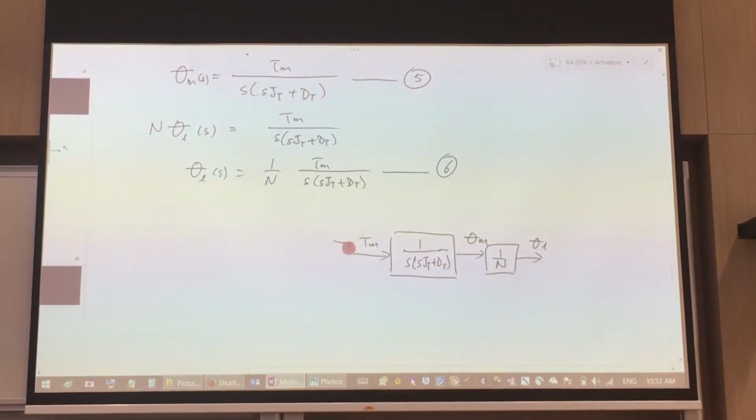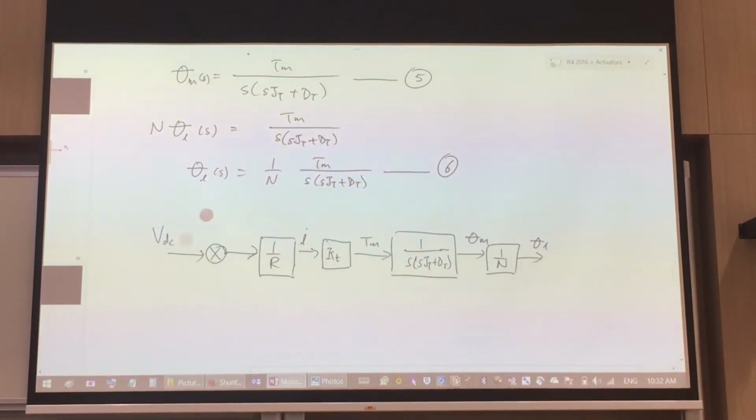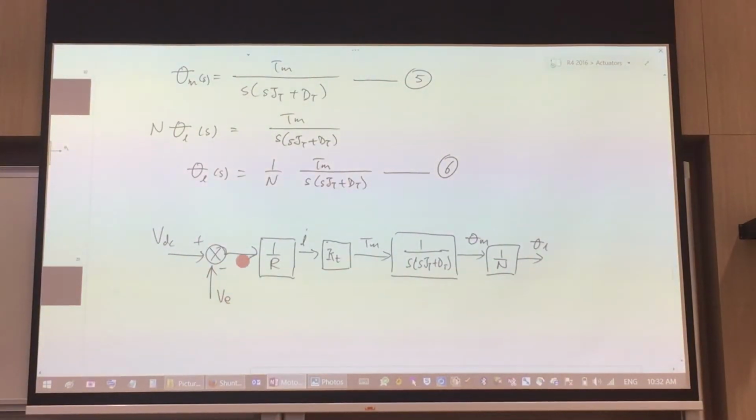Kt, the input for that is I, which is V over R, plus the back EMF voltage VE, which is KE omega M S.